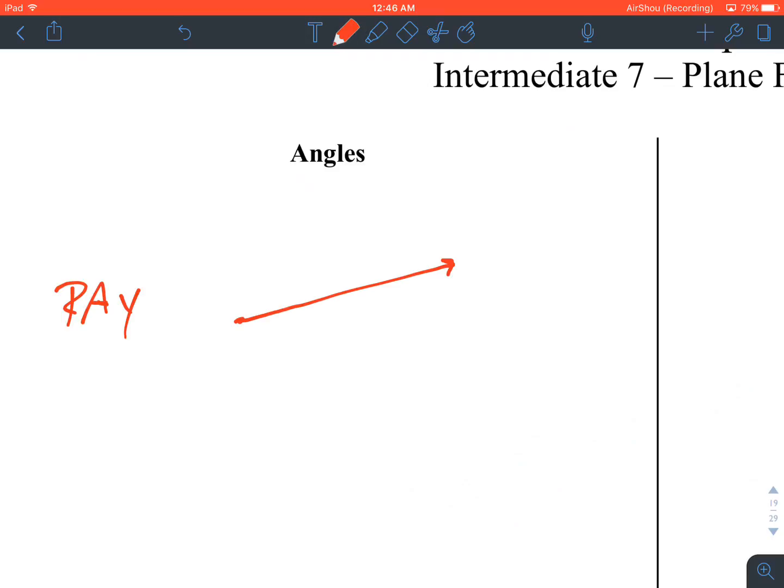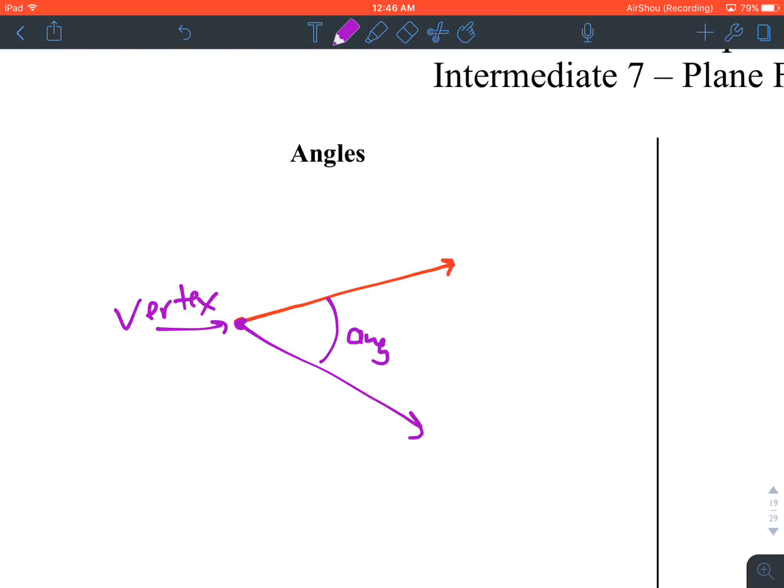If you take two rays and you put them together so that their endpoints touch, the combination of those two rays make an angle. Where they meet, that's called the vertex. It's this little guy right here. This here is the angle. And in this case, it's made up of these two rays. You got a red ray, you got a purple ray.